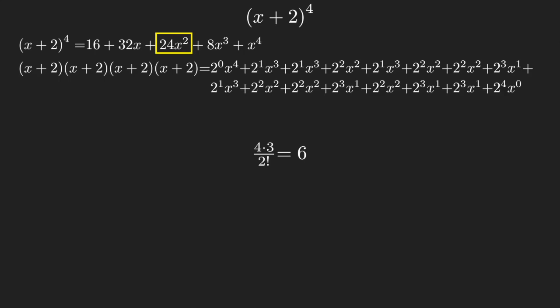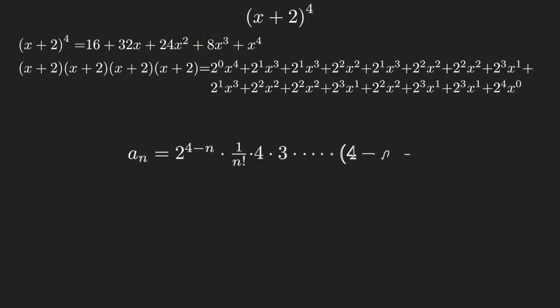Then, in each term, since we are picking a total of 4 x's and 2's, and we are picking exactly 2 x's, we must be picking 4 minus 2, or 2 2's. So, we can multiply our current result by 2 to the power of 2 to get the correct value for a2. We can also do a similar thing, for example, for calculating a3. Now, make sure you just understand how this whole thing works up to here.